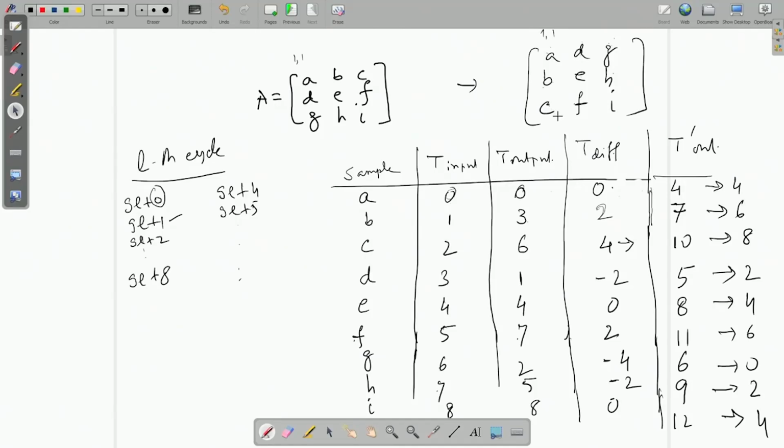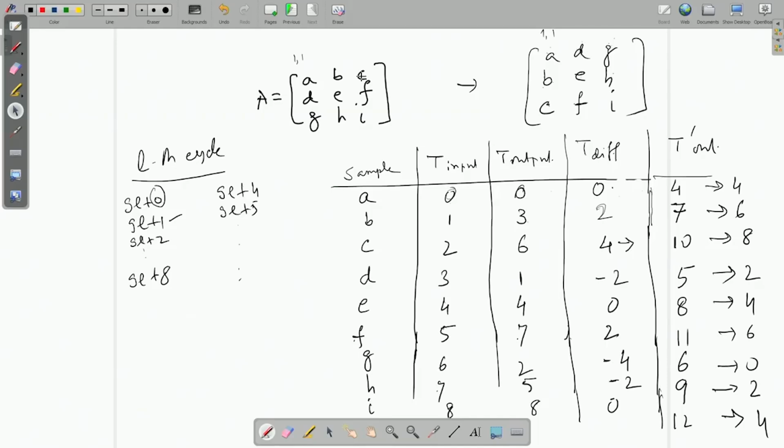Then B, the reader reads B at 1 as before, but the writer will write B when the writer is here.